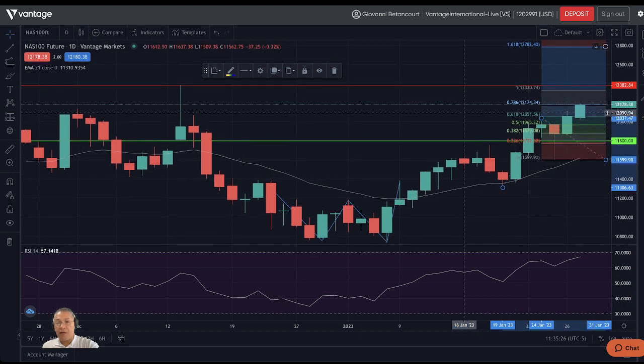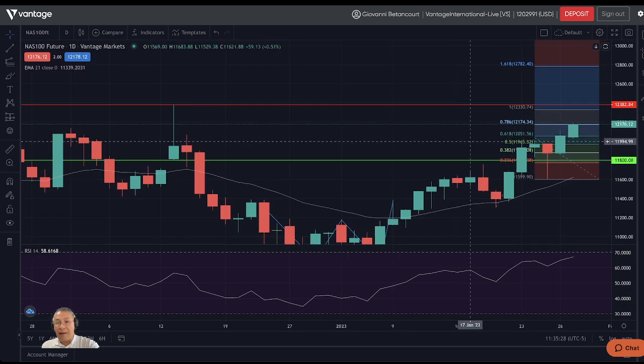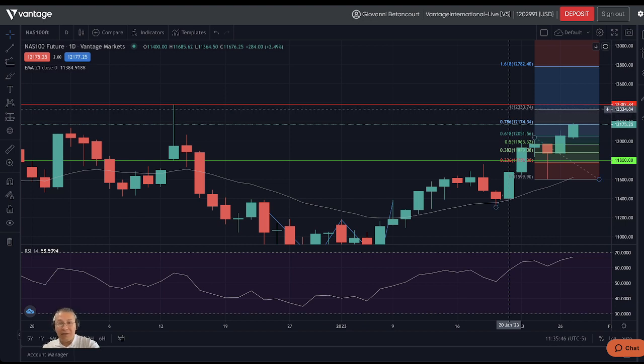Here, I'm seeing that the market has already surpassed the Fibonacci golden ratio, and so now we are entering into extensions. The extensions will be the 1%, which is where I place my resistance of 12,330 points. That's the 1%. And then we have the inverse of the Fibonacci golden ratio, which is 1.618.